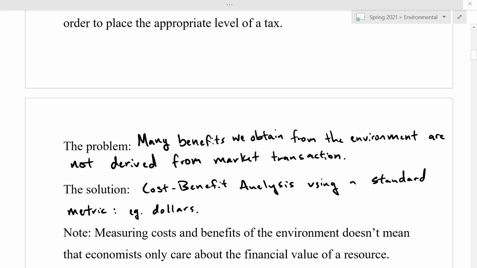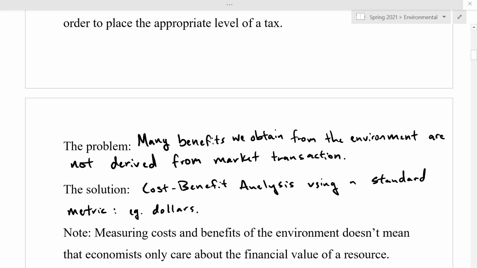Just like we talked about in the videos on consumer surplus, producer surplus, and efficiency, these ideas can give us a sense of the economic welfare or well-being of society, and consumer surplus, producer surplus, and total surplus are measured in dollars.